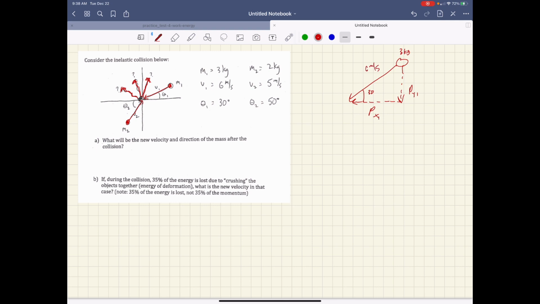So px1 is going to be 3 times 6 times the cosine of 30. That is cos 30 times 18, which is 15.59.